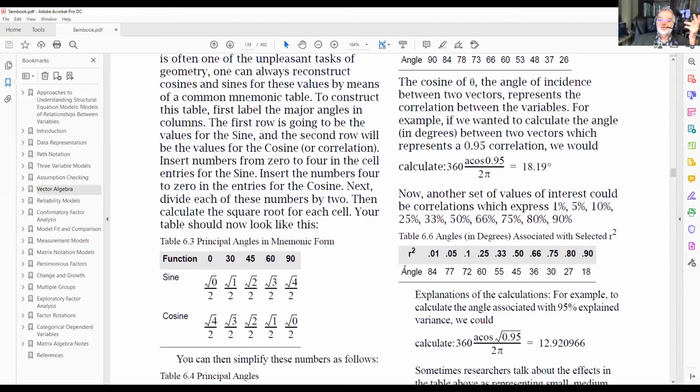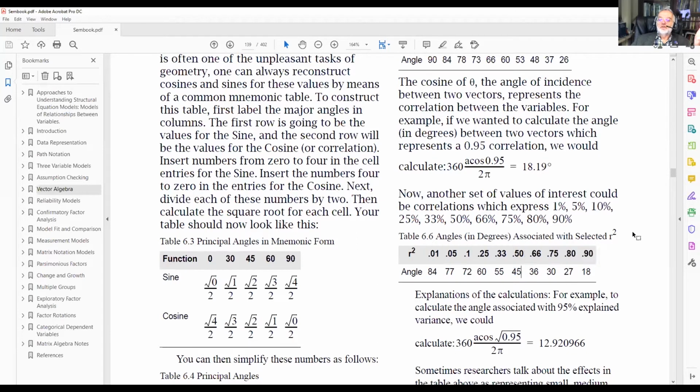Similarly, if we think about this in terms of R-squares, proportions of variance accounted for, these are what the angles look like. So if I'm explaining 1% of the variance, the angle between my two vectors is 84 degrees. If I'm explaining half the variance, that's about a 45-degree angle.